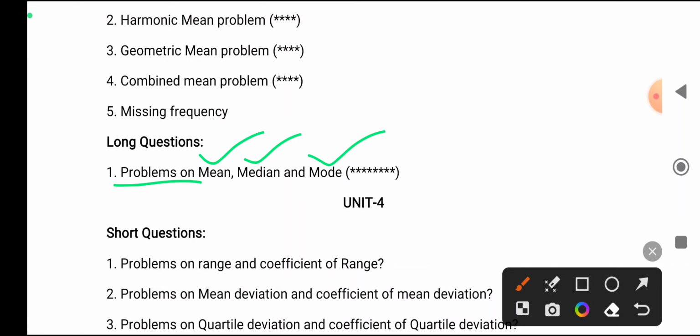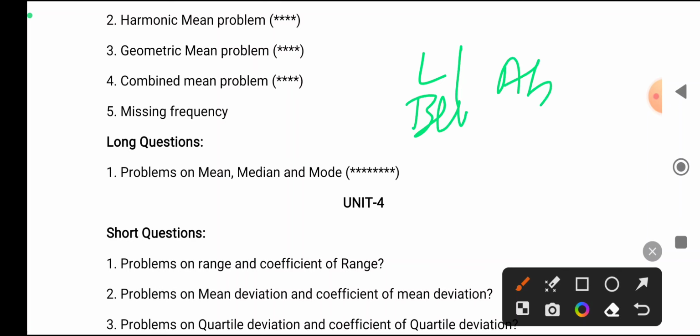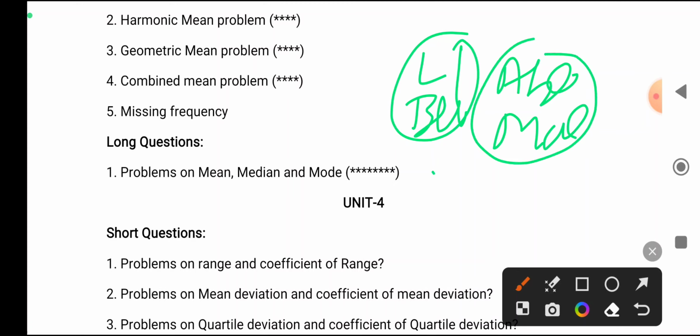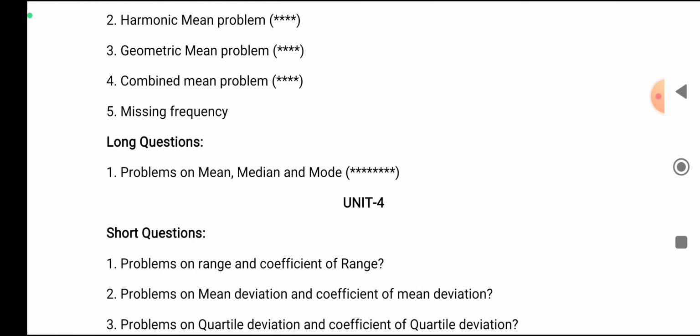But be careful about what kind of problems they are giving. Is it a discrete series, a continuous series or an individual series? We need to identify that first. Next, what has been given. If it is a continuous series, they will say less than or below, or above or more than. So don't take the frequency as it is. We need to convert the cumulative frequency into simple frequency, then do the problem.